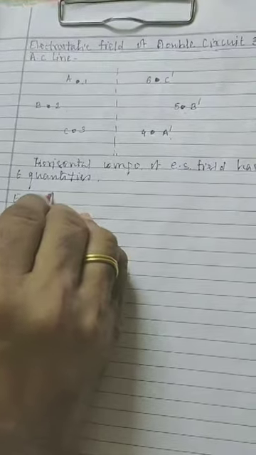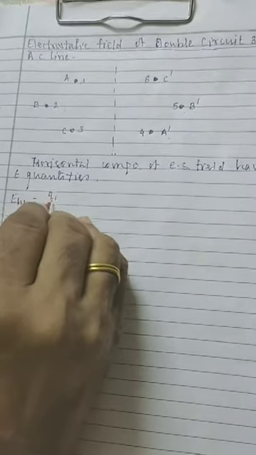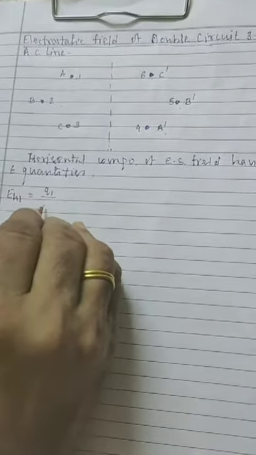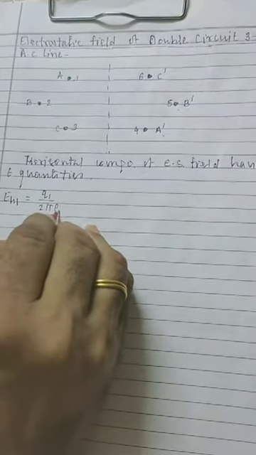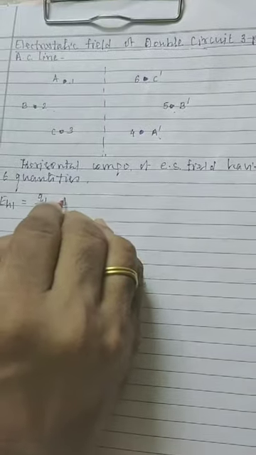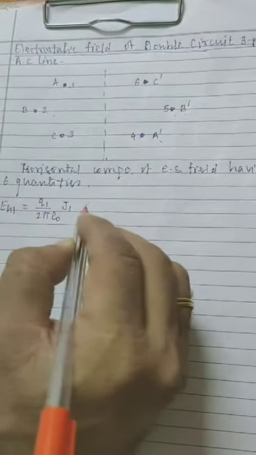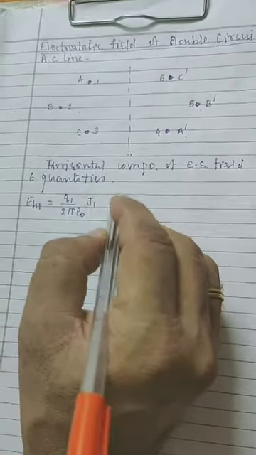The formula we know: this is Q1, the charge on conductor 1, upon 2 pi epsilon naught, into J1. What J1 is we have seen.